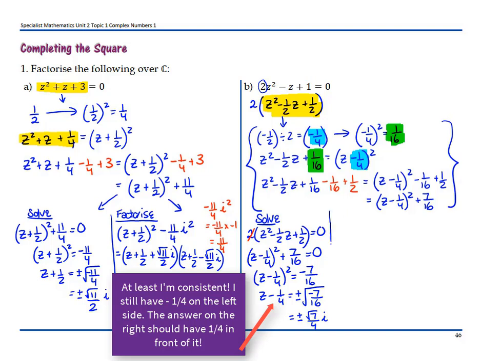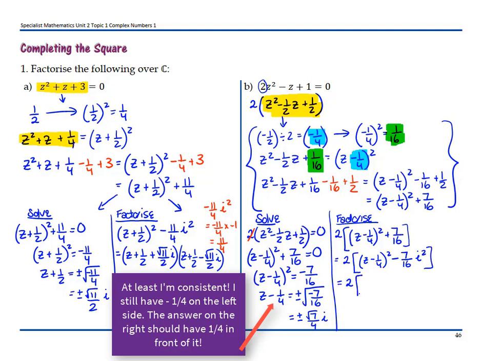If I was factorizing, I have the 2 bracket z minus a quarter all squared plus 7 over 16, which would be 2 bracket z minus a quarter all squared, I'm going to put minus 7 over 16 i squared. So now I can factorize.